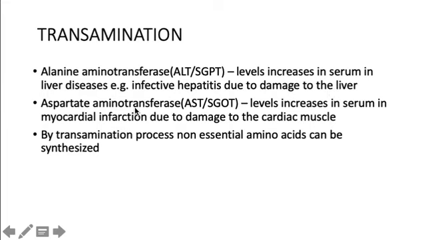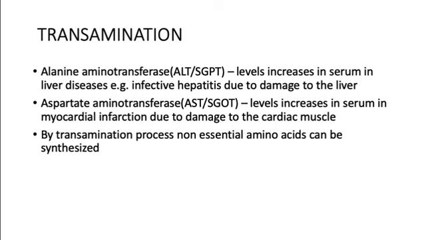And aspartate aminotransferase, AST or SGOT, levels are increased in the serum in MI or myocardial infarction due to damage to the cardiac muscle. The other importance of this transamination reaction is that non-essential amino acids can be synthesized by this reaction. So this is about the transamination reaction.